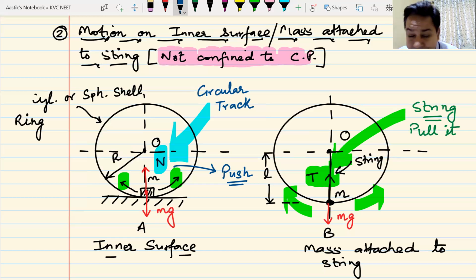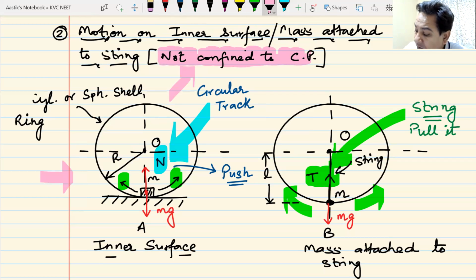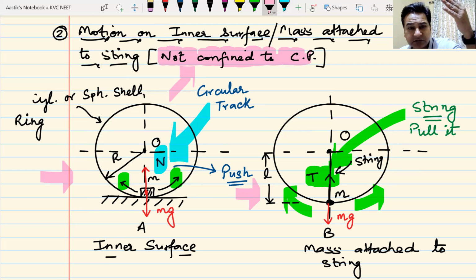Okay. Now again, we had discussed that this motion is not confined to a circular path. Now, what do I mean when I say this? You can understand that in case A or case B, when I'm pushing this block up, once it reaches a certain height, this block can fall.